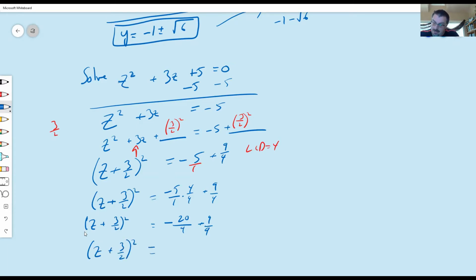So minus 20 plus 9 is minus 11 all over 4. We are finally ready to take the square root of both sides. So the square root of z plus 3 over 2 squared equals plus or minus the square root of minus 11 over 4.